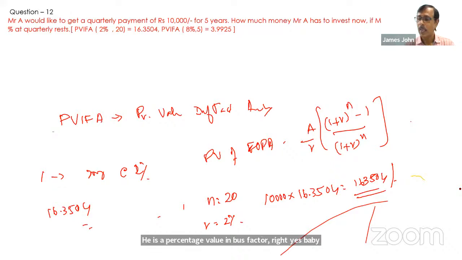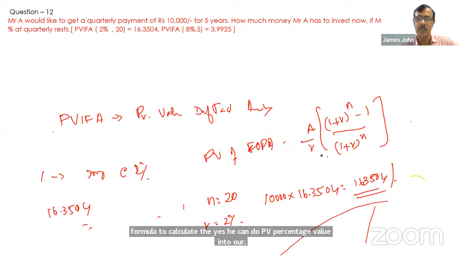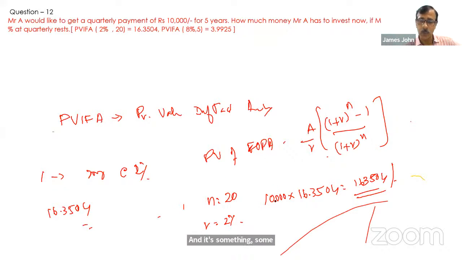And if you are using this formula, from this formula you have to calculate A. A is equal to PV, present value, into R. Suppose you want to derive it with n equal to 20 and r equal to 2%.